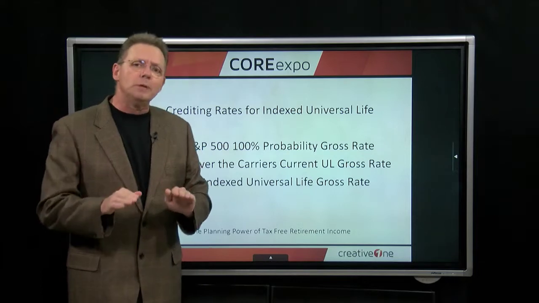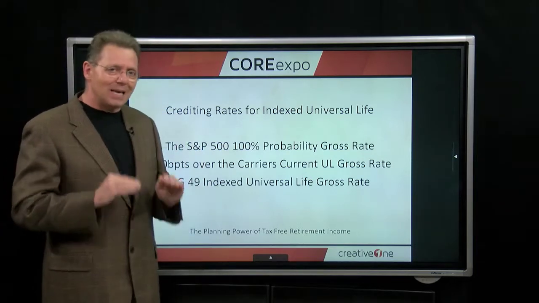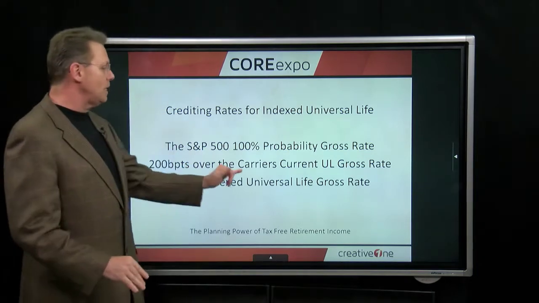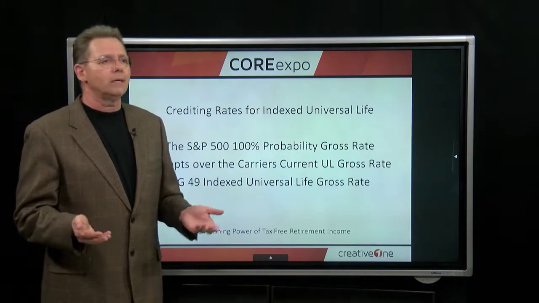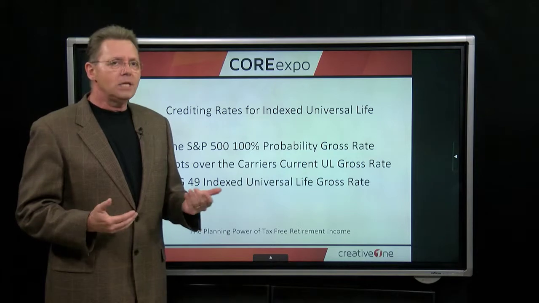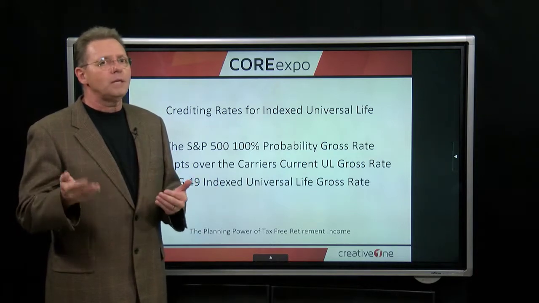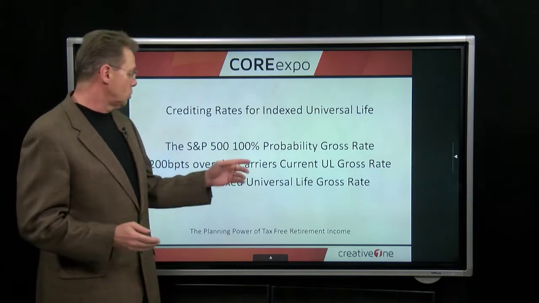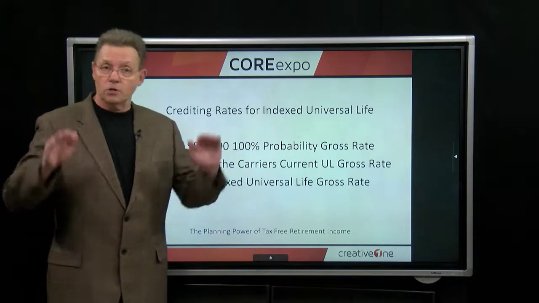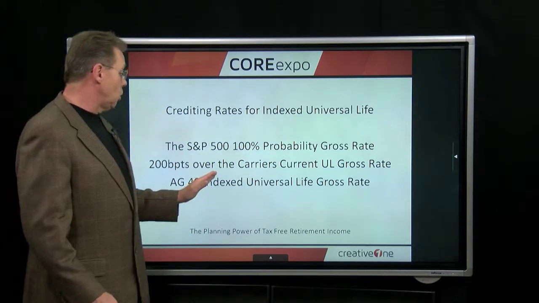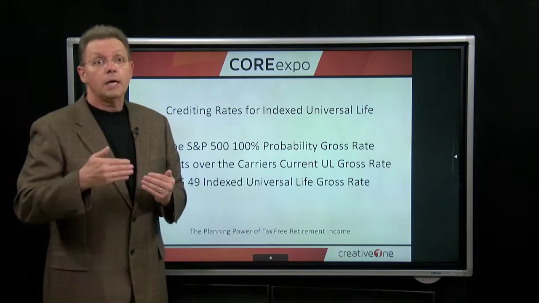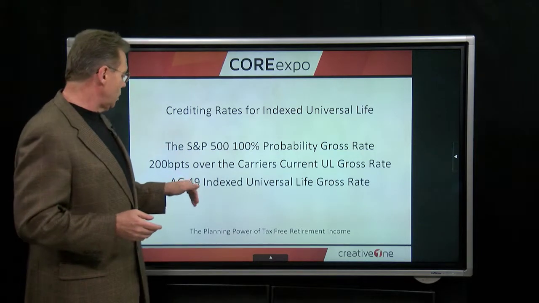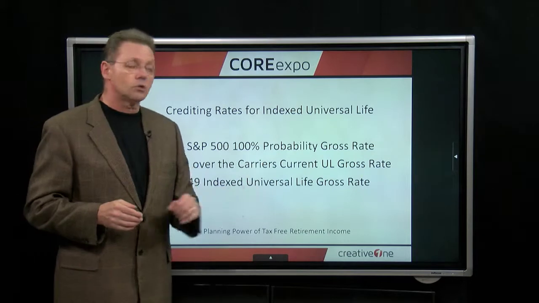But indexing was designed to perform at 200 basis points over the carrier's UL crediting rate. So if the UL crediting rate's at 3.5, 4, he's really only going to be at another 200 basis points. So I like to show the illustration at the S&P 500, there's the 100%. Then I like to show what the carrier's number would be, 200 basis points over their current interest crediting rate. And then I want to look at the AG49 index universal gross rate.